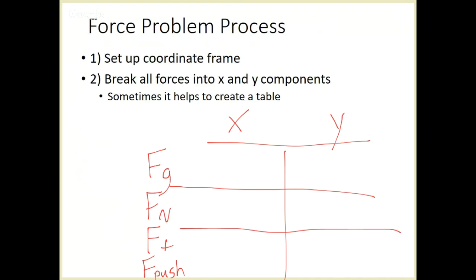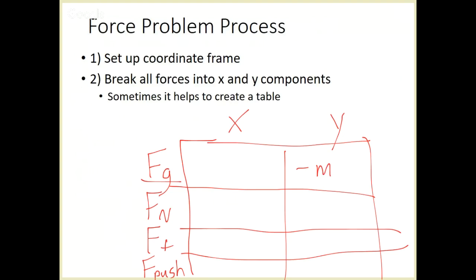Now, a lot of forces that I'm going to give you will only act in the x direction or only act in the y direction. So, for example, on a standard problem, not on a ramp, the force of gravity would only have a downward y component of mg and an x component of 0.